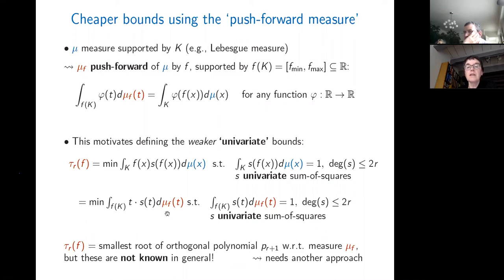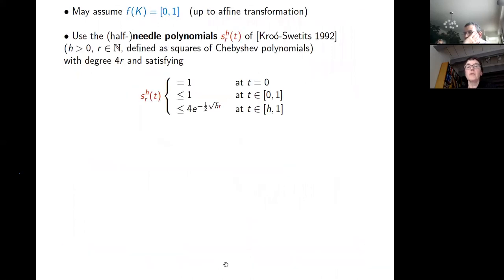By the general theory of orthogonal polynomials, we know that the bound is the smallest root of the orthogonal polynomial P_{r+1} with respect to this push forward measure. But the trouble now is that we have no idea in general how the push forward measure looks like. So we have no control on the orthogonal polynomials and on the smallest root. So we don't know how to use this in order to analyze the bound. So this is why we need another approach.